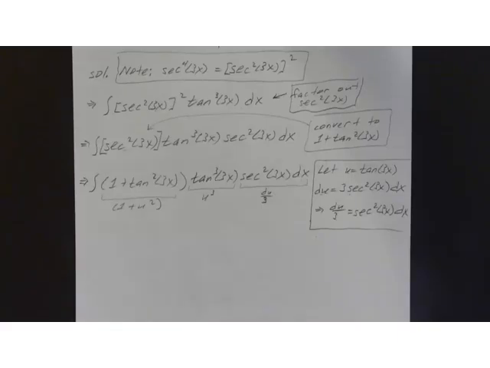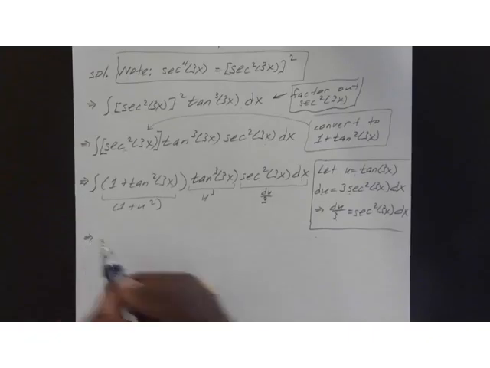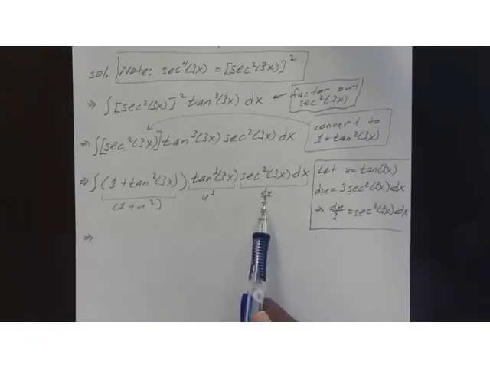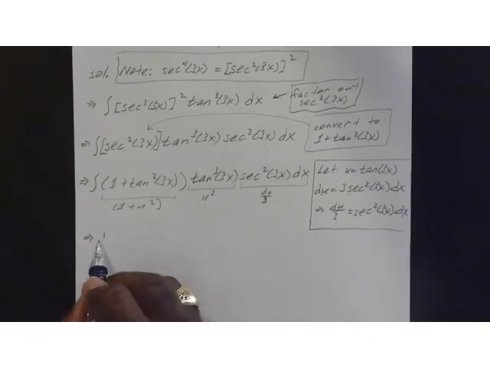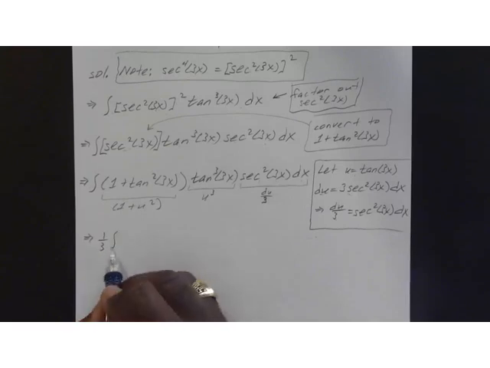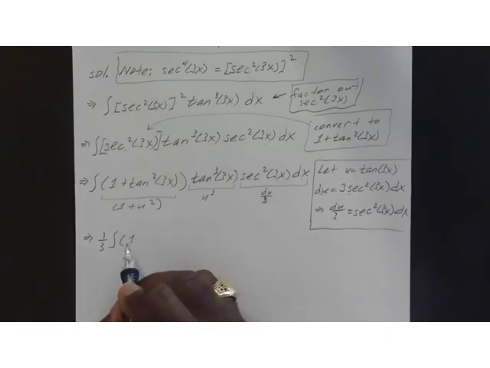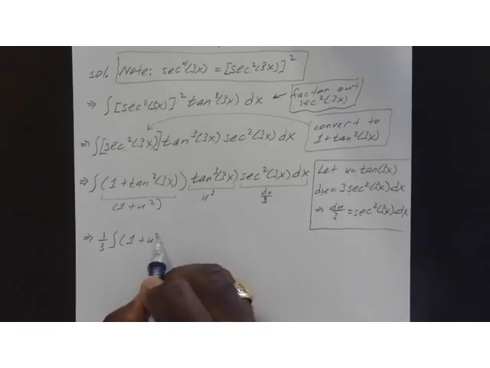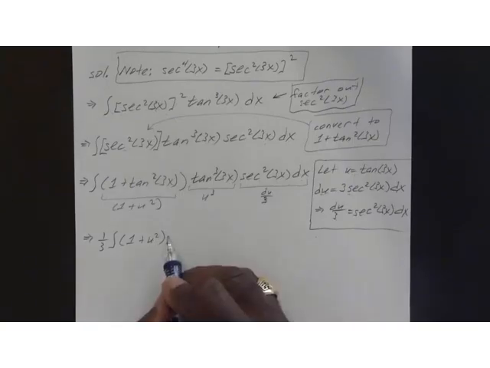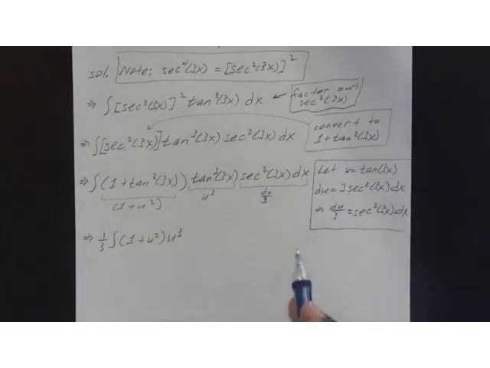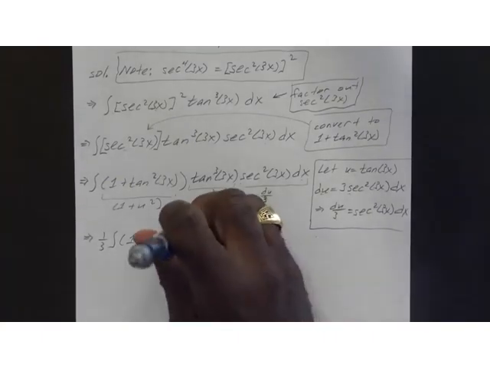So if we rewrite it in terms of u, that 1/3, we can just factor right out to the front. So the integral of 1 plus u squared times u to the third power du.